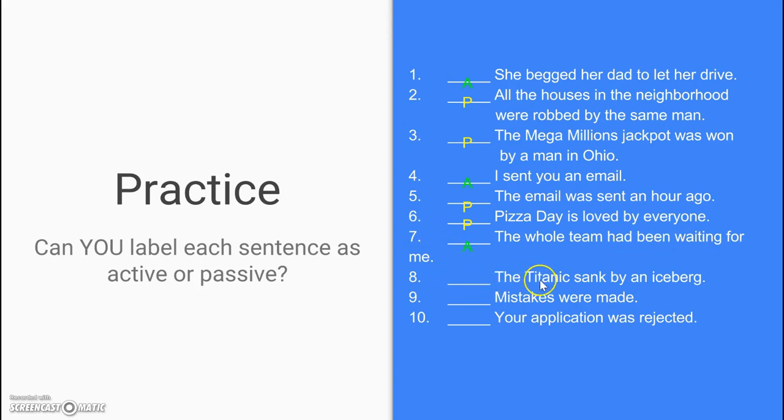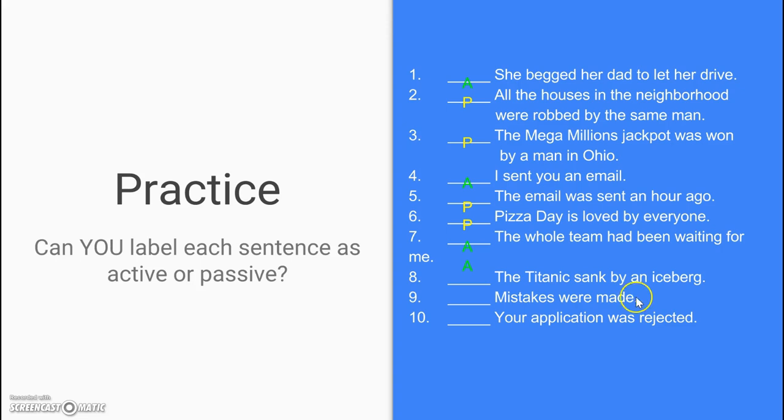Number 8, "The Titanic sank by an iceberg." Now, this is a location word. This is a prepositional phrase. So even though there's the word "by" here, it's active. Number 9, "Mistakes were made."